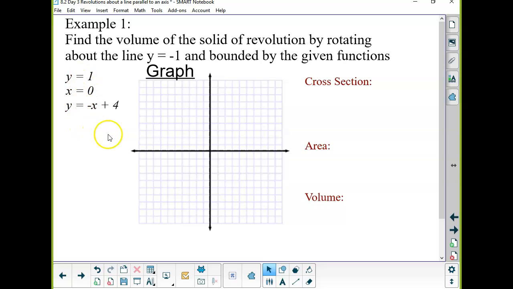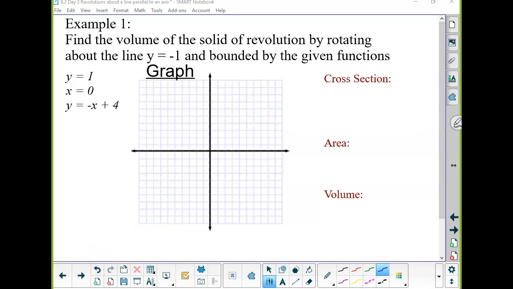So what I would do is create a rough sketch of a graph that's contained between y equals 1, x equals 0, and y equals -x plus 4. So I've got the line y equals 1.